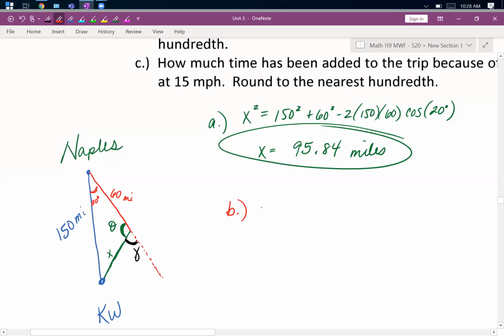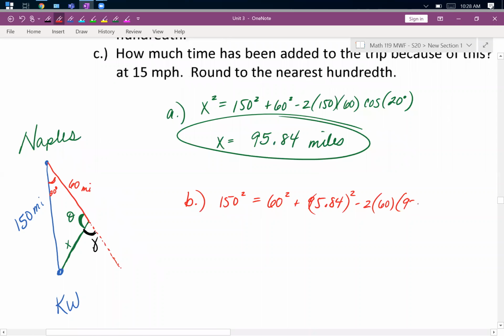We'll start with 150 squared equals 60 squared plus 95.84 squared minus 2 times 60 times 95.84 times cosine of theta.